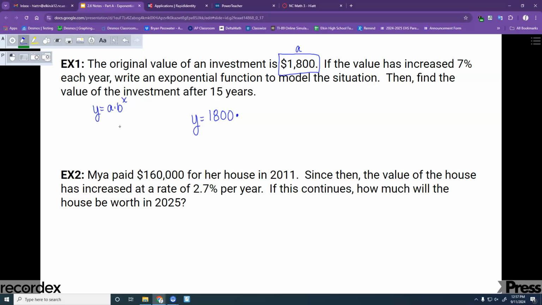And then the value has increased by 7% each year. That 7% is what we're going to use to find our growth factor in this. So for that B value, to find it, we're going to do 1 plus our rate as a decimal.